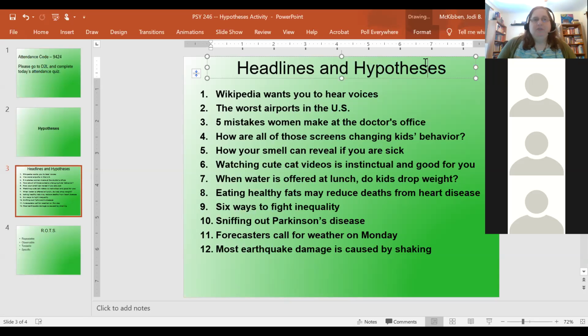So then we come to group 4. How are all of those screens changing kids' behaviors? Yeah, we had group 4. We were trying to be specific. We were looking at their behavior in a school setting. So we said that K-12 students who spend 3+ hours a day on screens may have a worse GPA than those who spend 3 or fewer hours on screens every day.